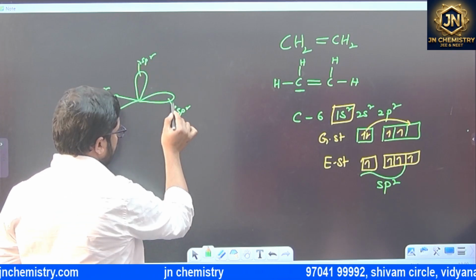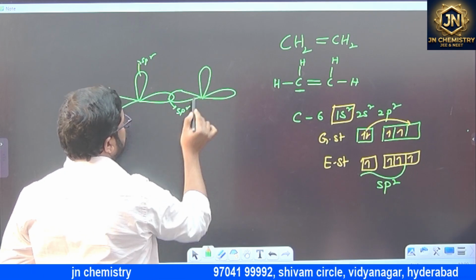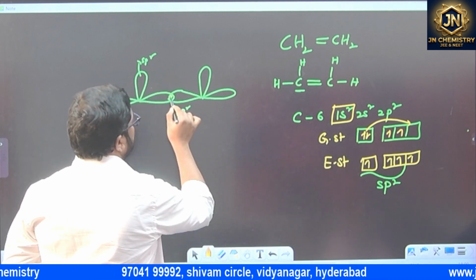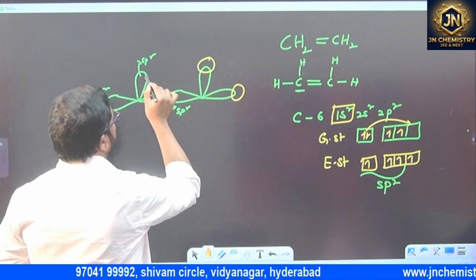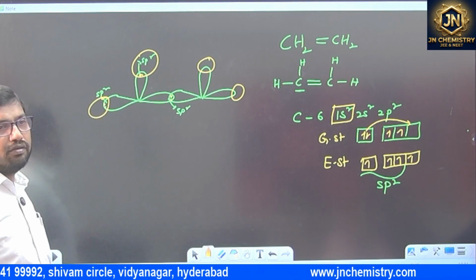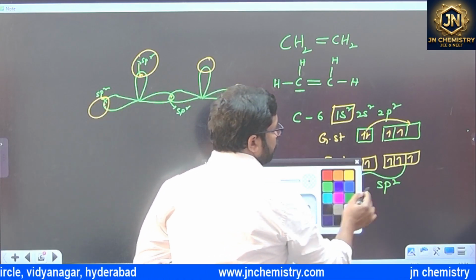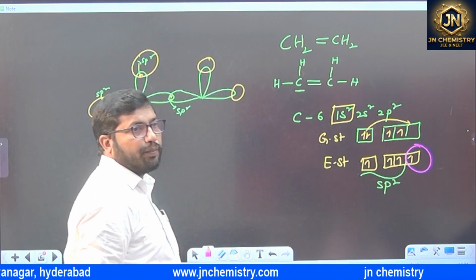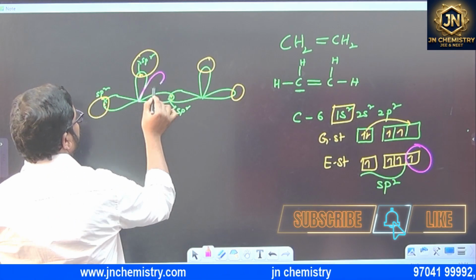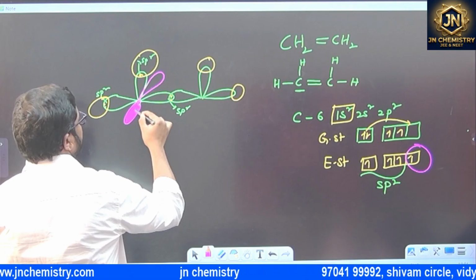One more carbon, sp2, sp2, sp2. Right? The electron sharing takes place. Then hydrogens, 4 hydrogens. Now one thing is remaining. What is this one thing? One p orbital is there. That p orbital, I'm just writing in a pink color.